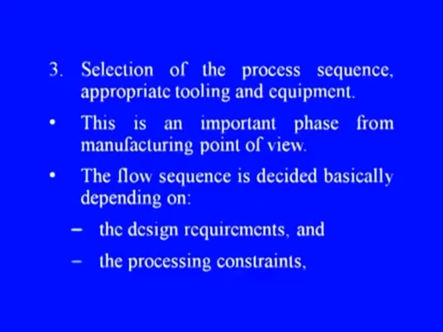Selection of the process sequence, appropriate tooling and equipment constitutes the third step. This is an important phase from manufacturing point of view. The flow sequence is decided basically depending on the design requirements and the processing constraints.